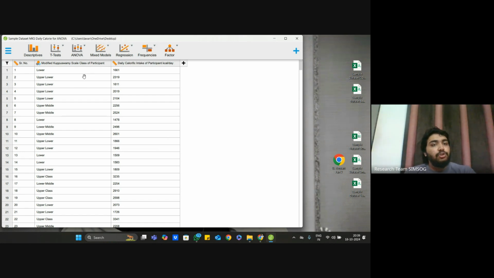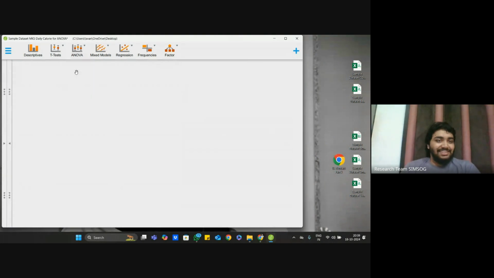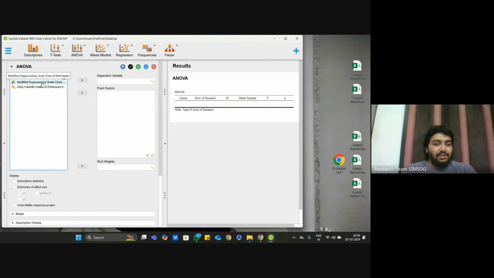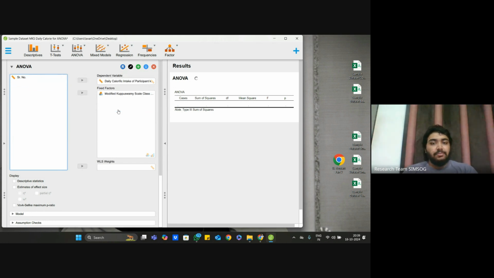Because this is 3 or more groups, we'll use ANOVA, and because this is normally distributed, let's assume that. So now you will use ANOVA. Basically open ANOVA and click on ANOVA again. In your dependent variable, calorific intake will come, and your fixed factors, the Kuppuswamy classes, will come.